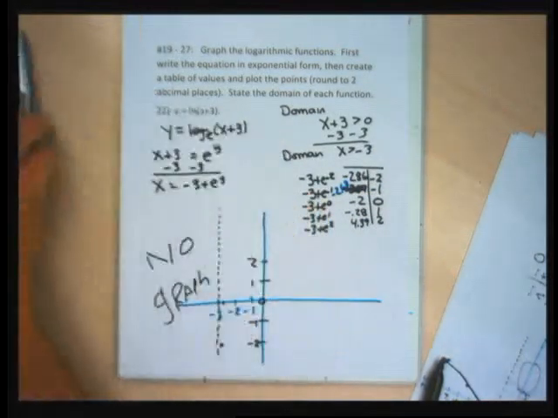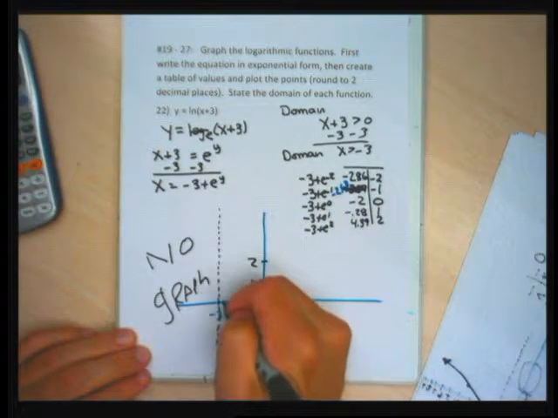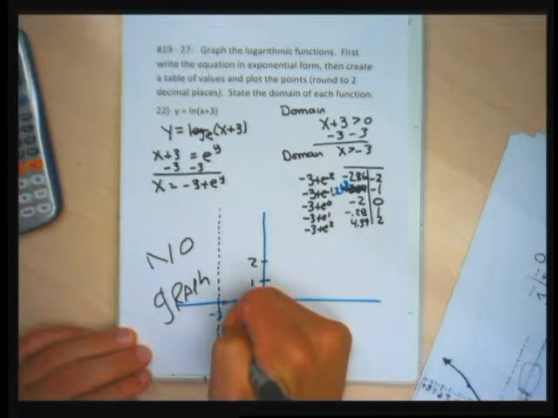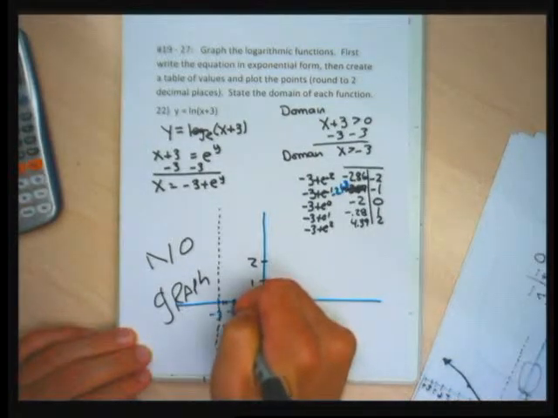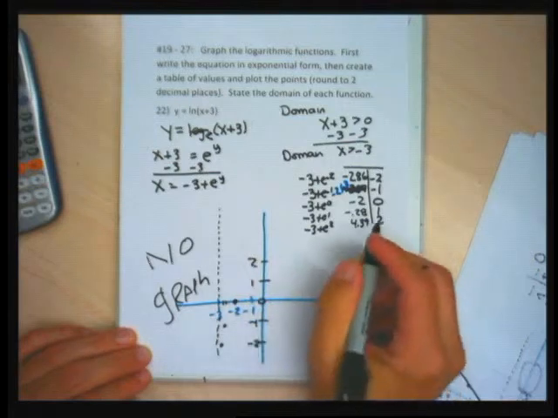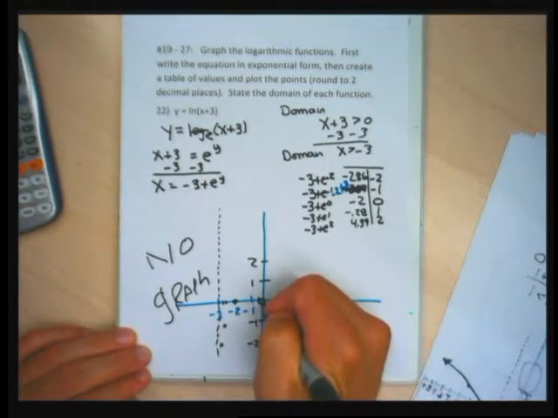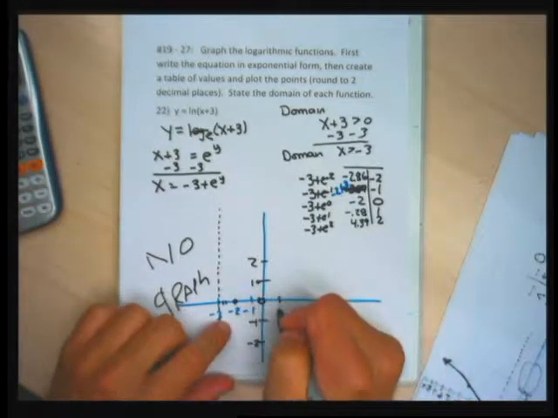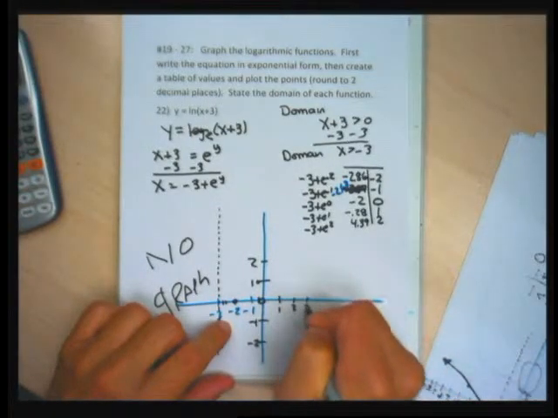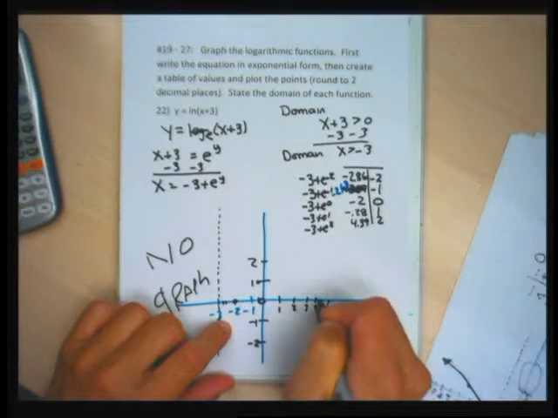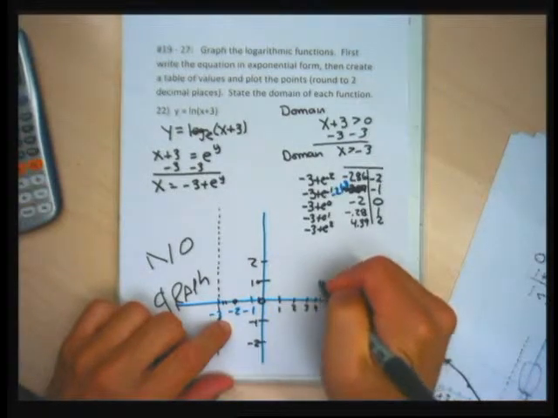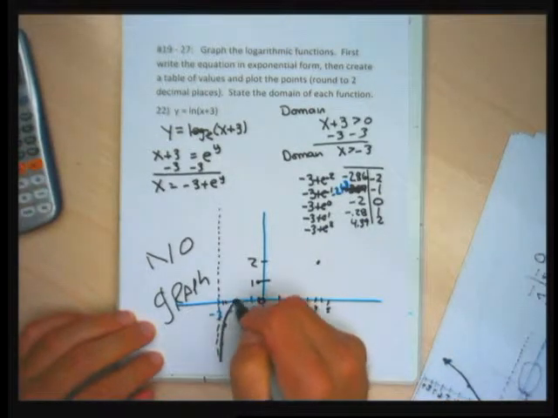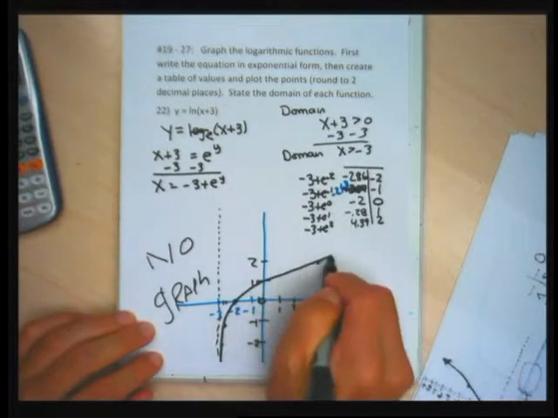So -2.63 is a little bit past halfway between -2 and -3, then down to -1, then -2, 0, and then -0.28 is close to the 0. It's just off the origin, and then up 1, and then 4.39, a little bit past 4, up 2. And most logarithm graphs kind of have this feel unless the base is a fraction.